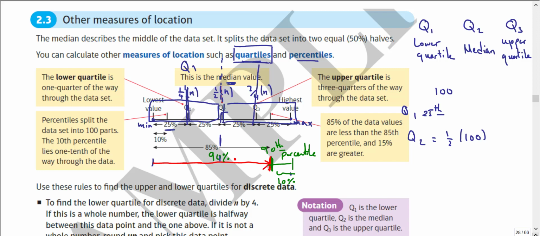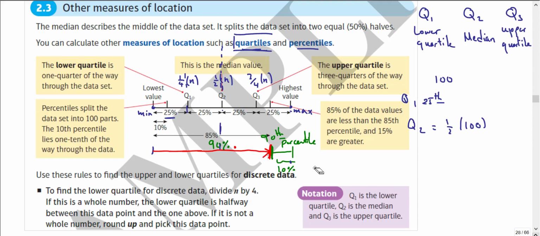And Q3 is the median of the upper half. But because I don't want you to be confused, forget about the two halves. Just remember that Q1 is at 1/4 of the data, Q2, the median, is at half n, and Q3 at 3/4 n. Clear? Okay?